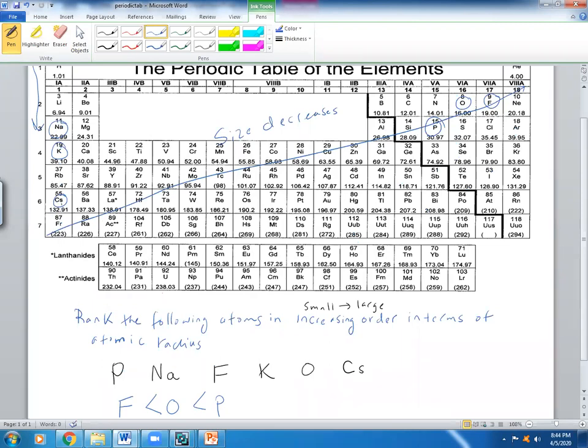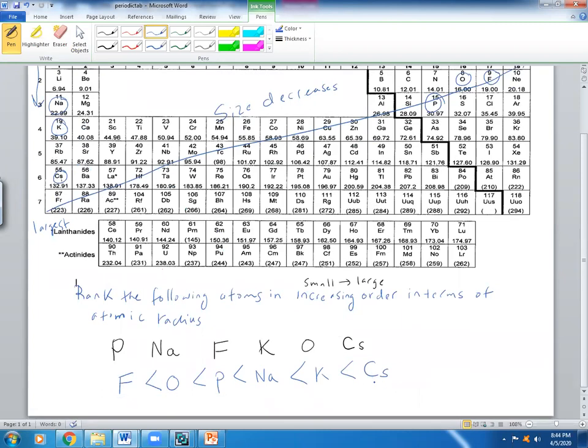This is the largest here. So that would be Na, then K, then Cs. So Cs is the largest, and F is the smallest.